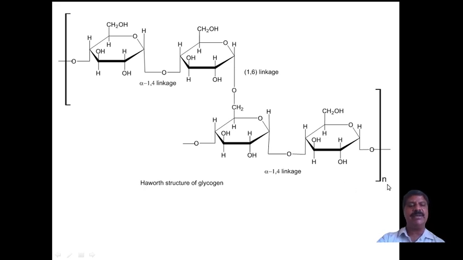Here n is used because it is a polysaccharide polymer, and n depends on the number of molecules. Suppose 30 or 40 or 100 molecules are joined, then you multiply by the molecular mass of the unit. This is about glycogen.